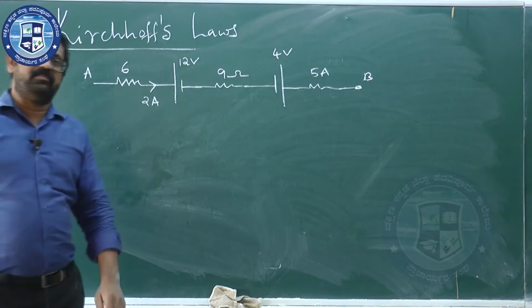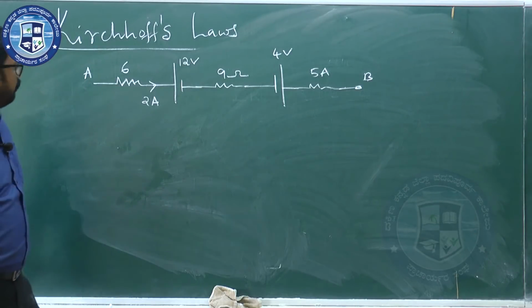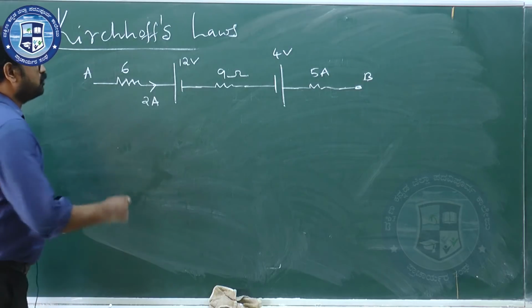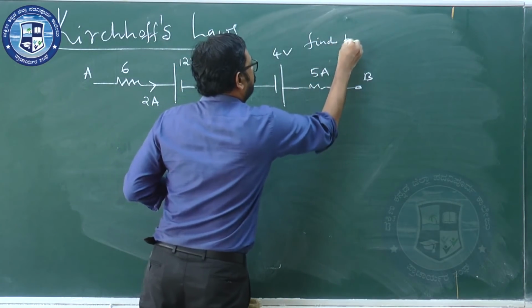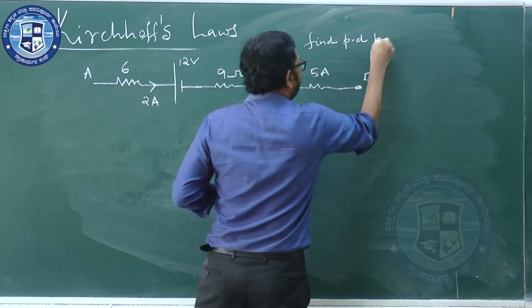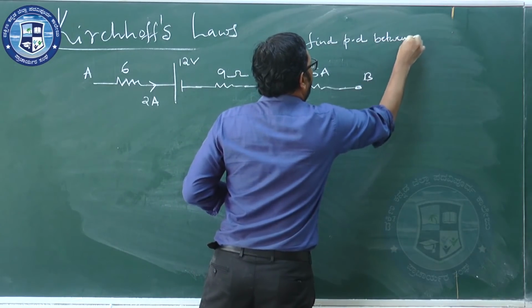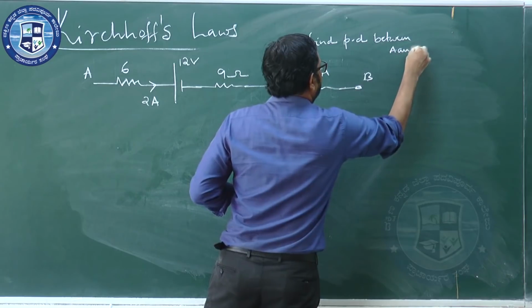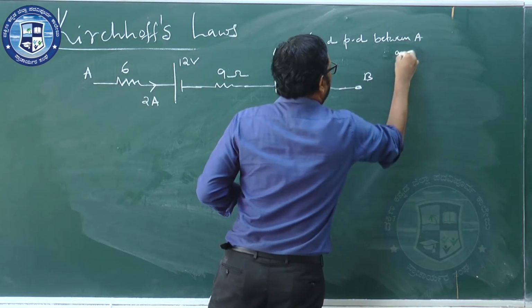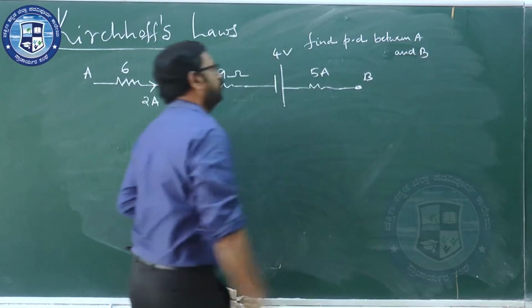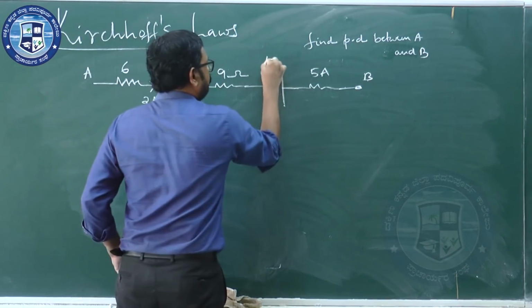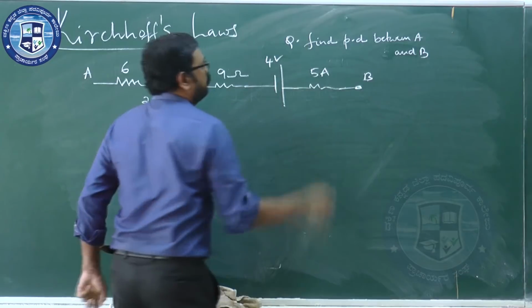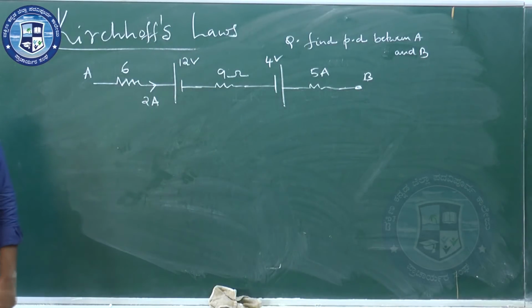So already problem is given to you. I mean to say the circuit is there in the problem. You are asked to find potential difference between A and B.